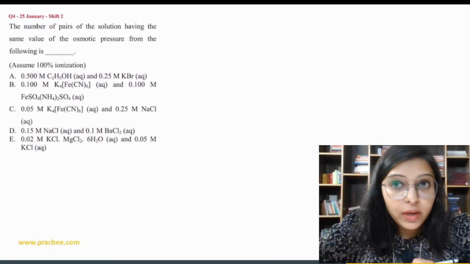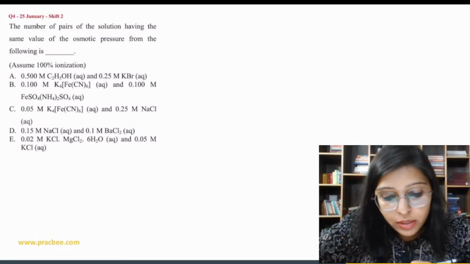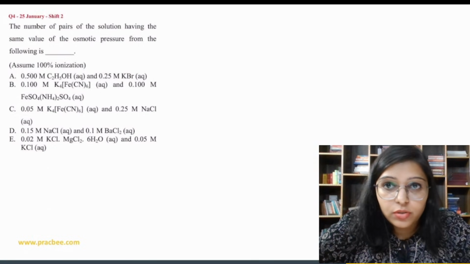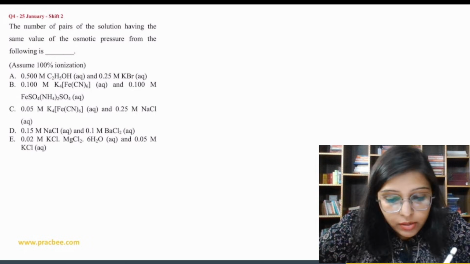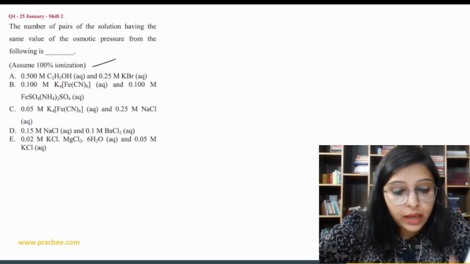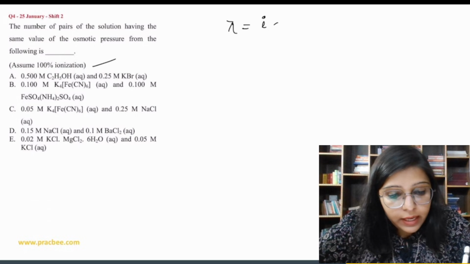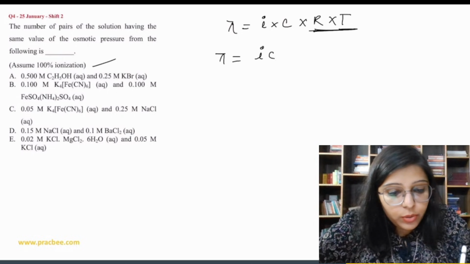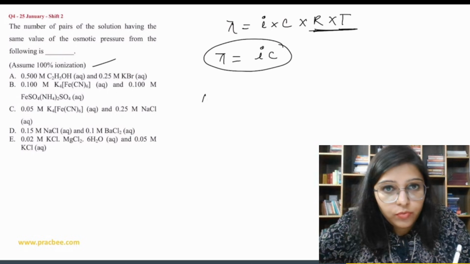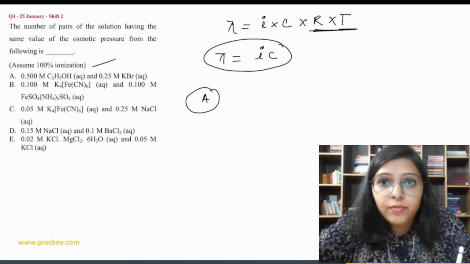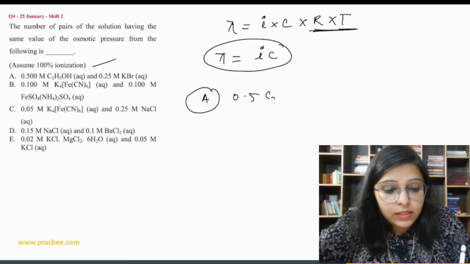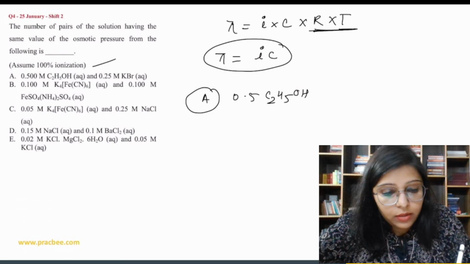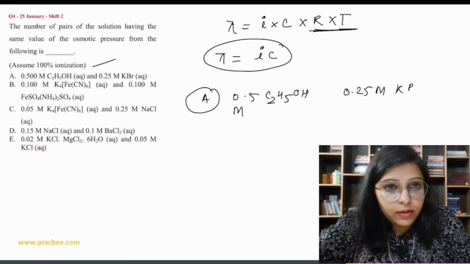Question number 1: the number of pairs of solutions having the same value of osmotic pressure. Assume 100% ionization. It means we have to take care of the ions. So pi is equal to i into C into R into T. R and T are the same, so pi depends on i and C. For option A, we have 0.5 molar C2H5OH and 0.25 molar KBr.